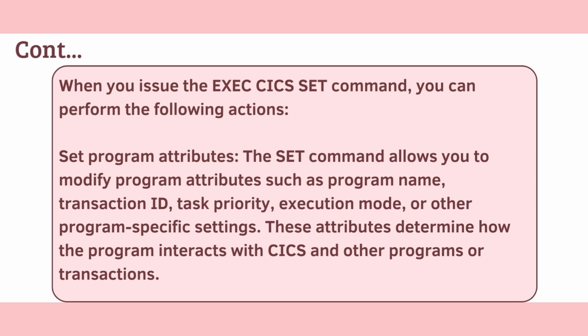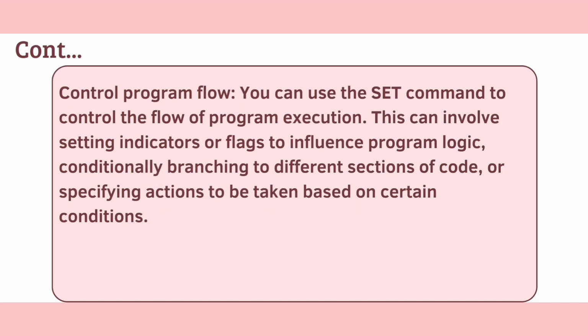Set program attributes. The SET command allows you to modify program attributes such as program name, transaction ID, task priority, execution mode, or other program specific settings. These attributes determine how the program interacts with CICS and other programs or transactions.